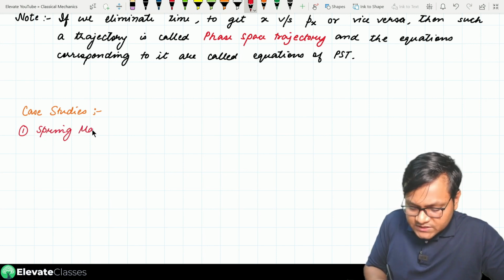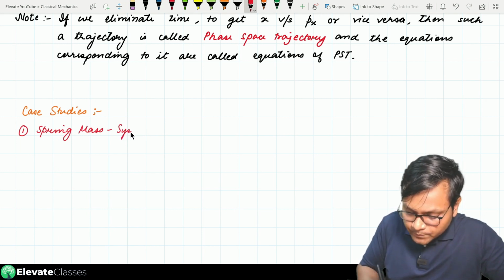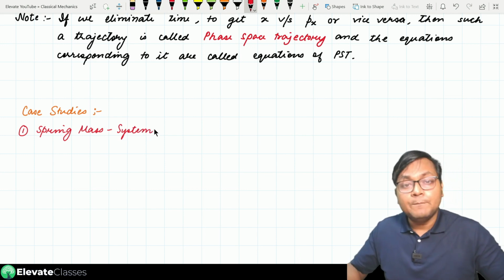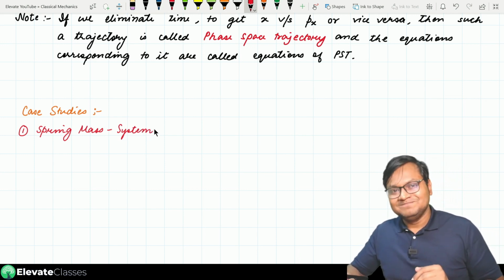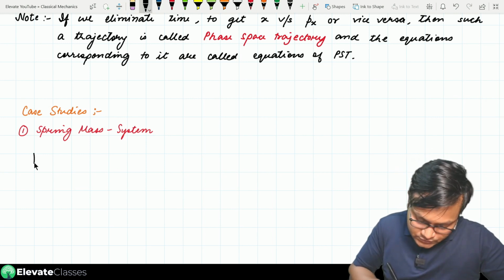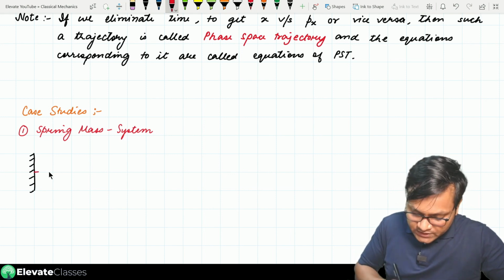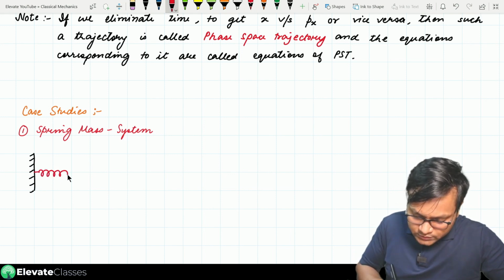Okay, spring mass system is a very common problem. We are mostly familiar with what a spring mass system is. It is a very good example of a harmonic oscillator, because we get oscillations about an equilibrium. So if I have a spring mass system, I'll keep it very simple. I'll say that the spring is along the horizontal direction like this.